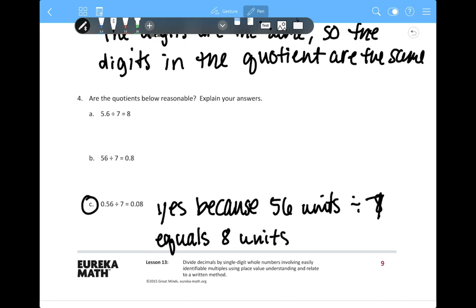And the unit that we're working with is hundredths, and the last digit of the dividend is in the hundredths, and the last place of the quotient is in the hundredths. So yes, it is reasonable because 56 units divided by 7 equals 8 units.